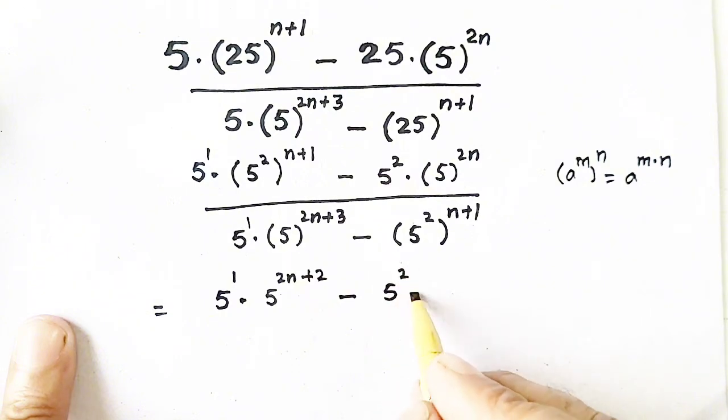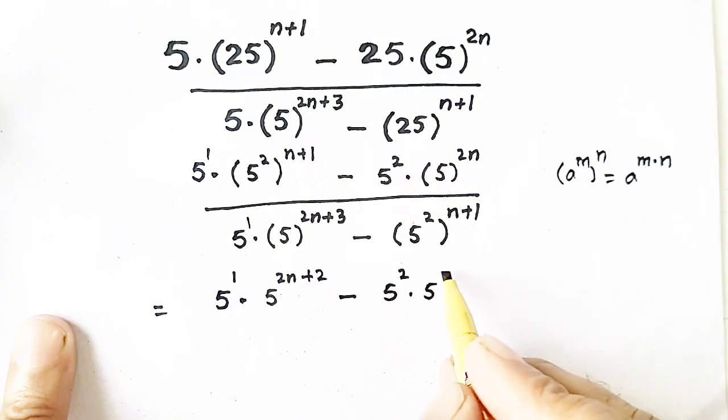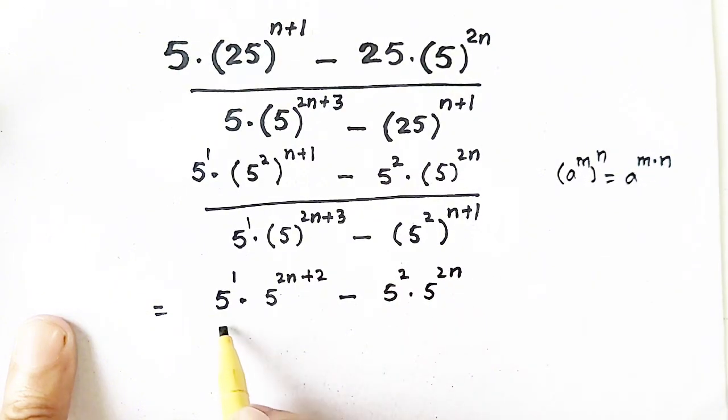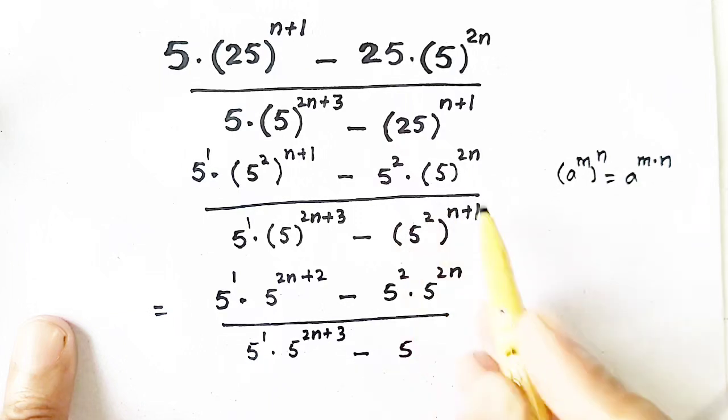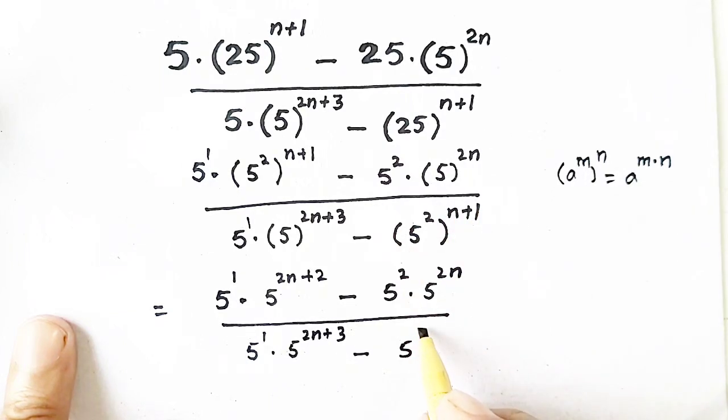5 to the power 2 and 5 to the power 2n. In the denominator, we have 5 to the power 1 and 5 to the power 2n plus 3 minus. Apply this rule here, we will get 5 raised to 2n plus 2.